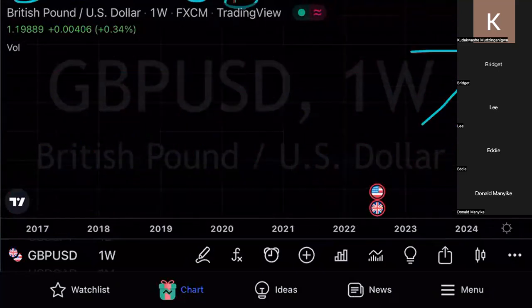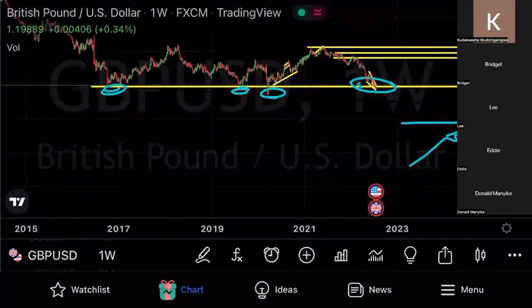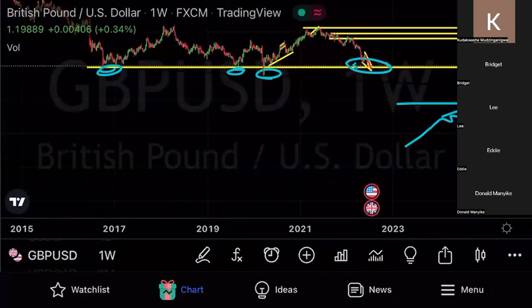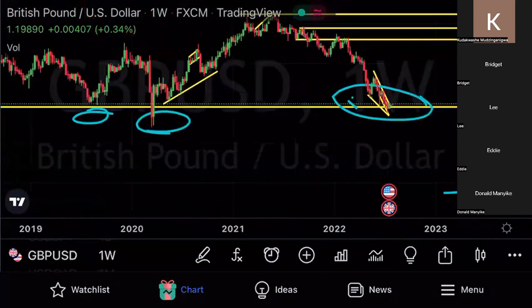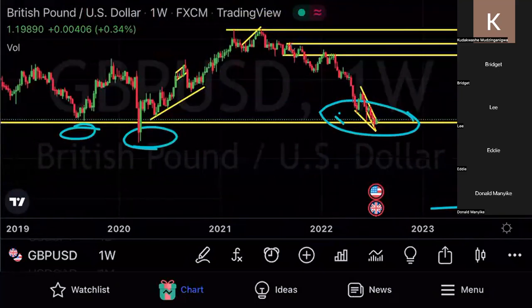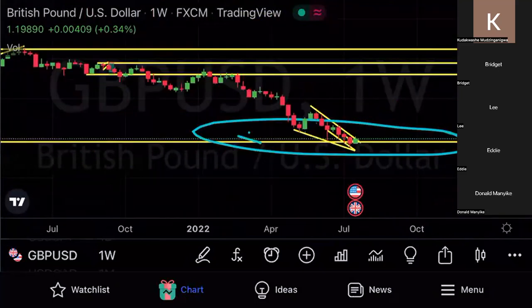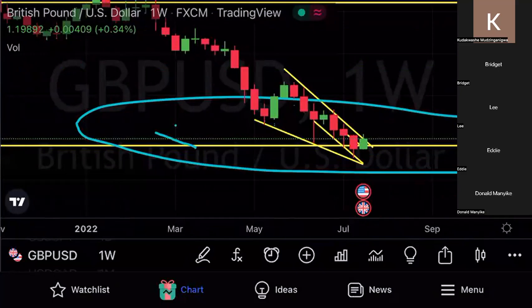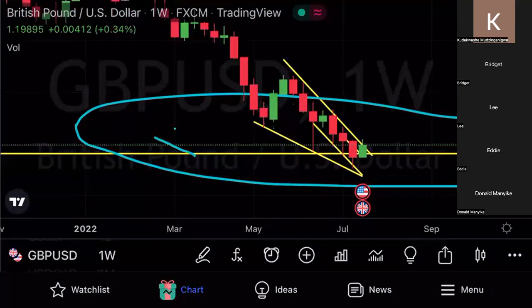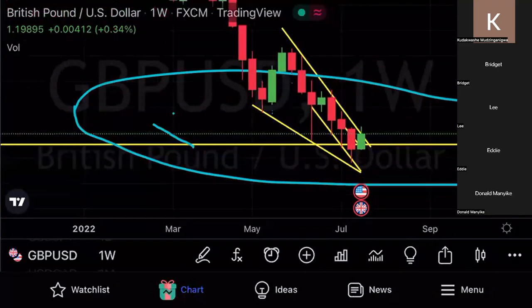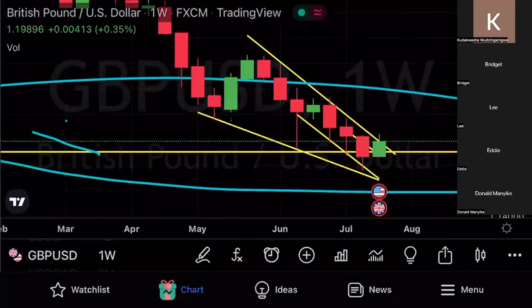Okay, so GBP USD, how we approached our support level was key. You can see how we approached our support level. It's a variation of a descending channel, because these patterns vary.